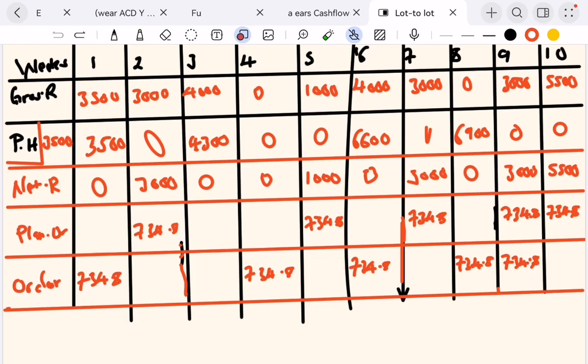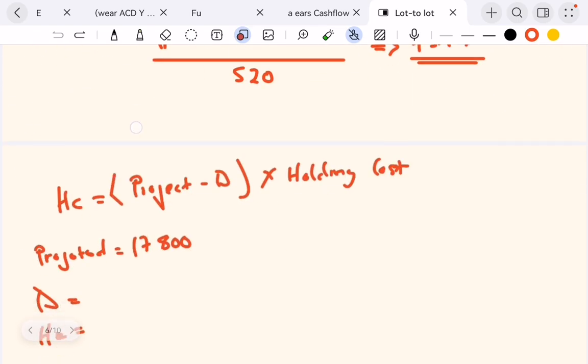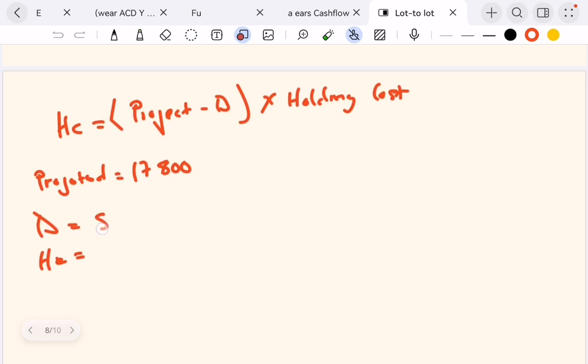That is what that demand means. So it will be 5,500 minus 734.8, which is giving us how much? 4765.2.